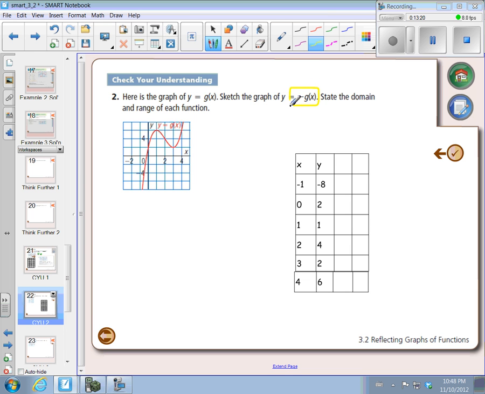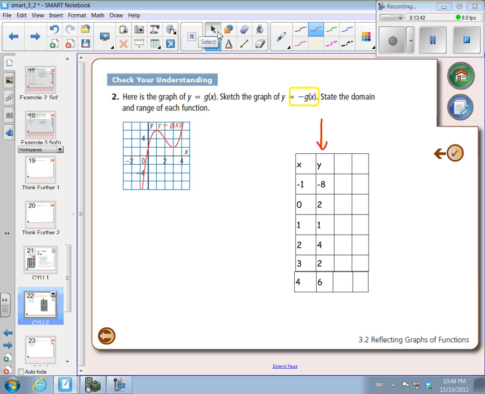That's a vertical reflection. What do vertical reflections do? Vertical reflections over the x-axis change the y values. We'll have to change our y values. So just be aware that these coordinates will change in terms of y.